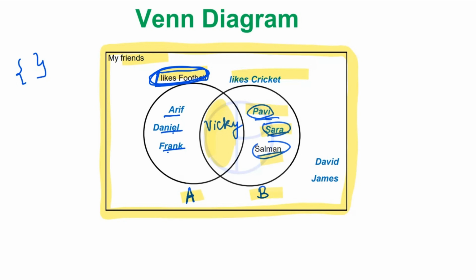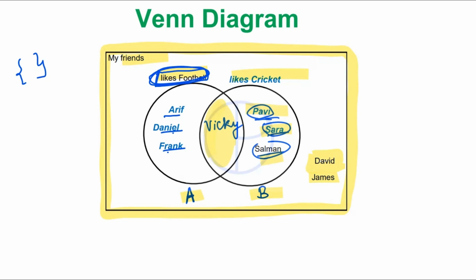But what about this over here? You will see this in Venn diagrams: some things outside of the circles. What do these people represent? Well, David and James don't like football or cricket, so we cannot put them in either one of these sets. These are folks who are not members of either set.